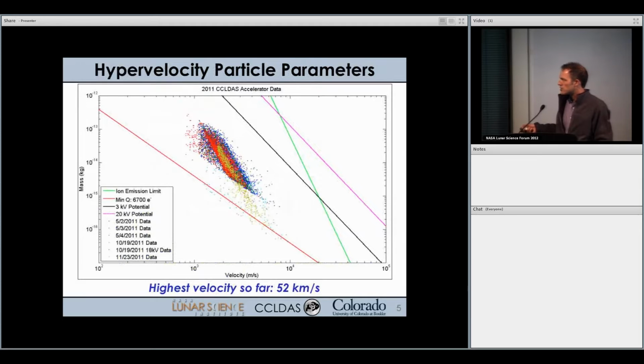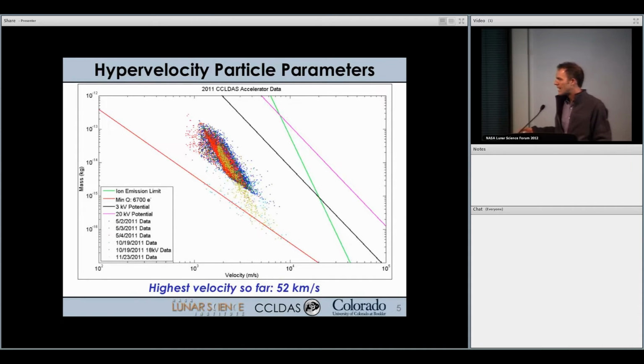The generator is a Pelletron made in Wisconsin. The particle velocities that we're able to achieve are tens of kilometers per second. I'll show you a slide which gives a distribution of the kinds of particles we launch. We do active selection of particles, active down selection, so that we can decide very precisely what the characteristics are of the particles that reach the target chamber.